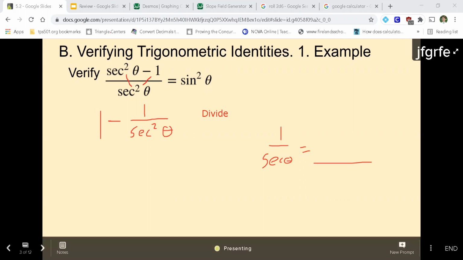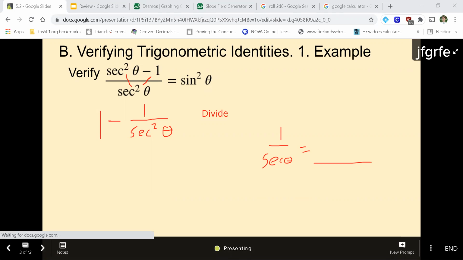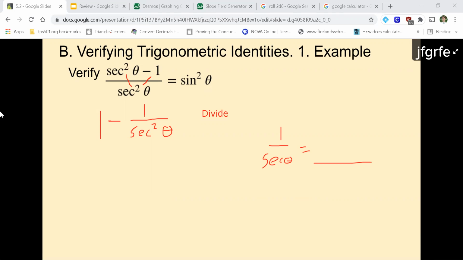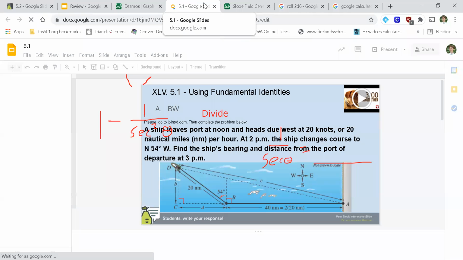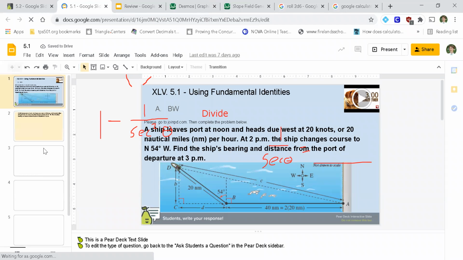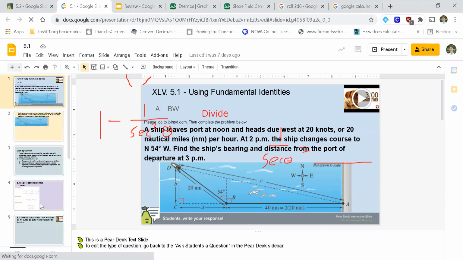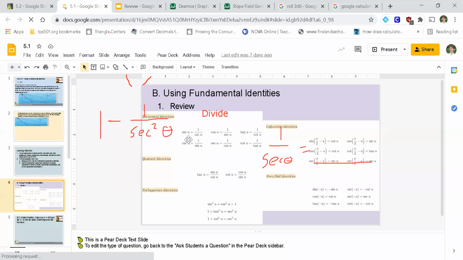I should have, hold on. Okay, you keep looking in your notes. I'm going to pull up that other slide that had all the stuff on it, that way we can refer back to it throughout this lesson. Secant is the reciprocal of cosine.